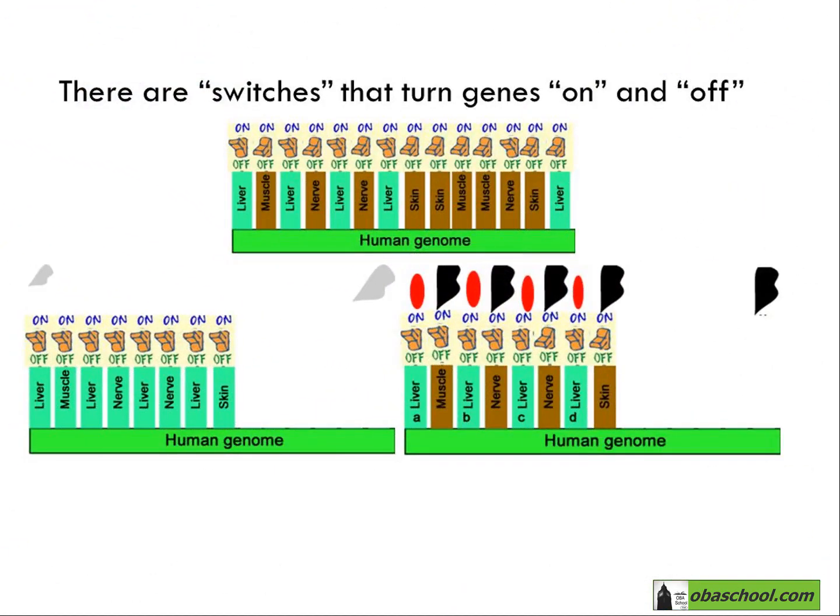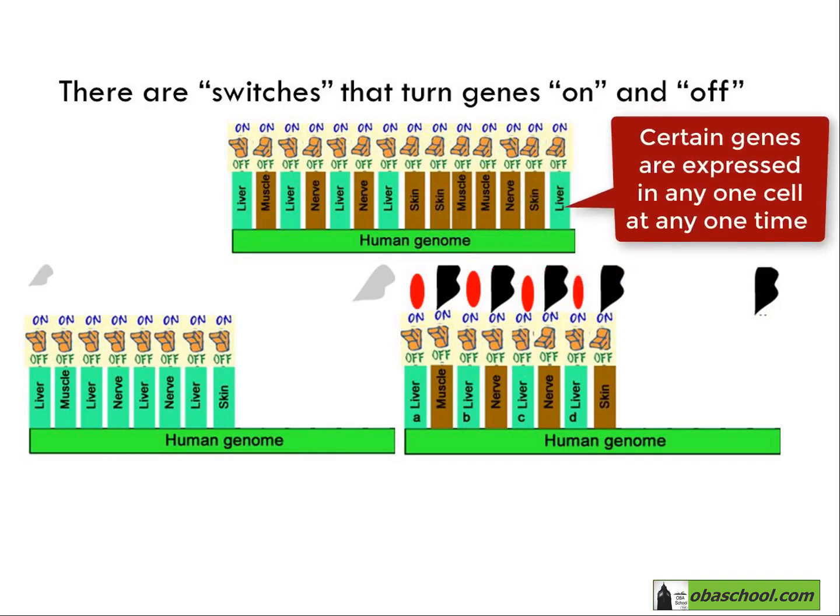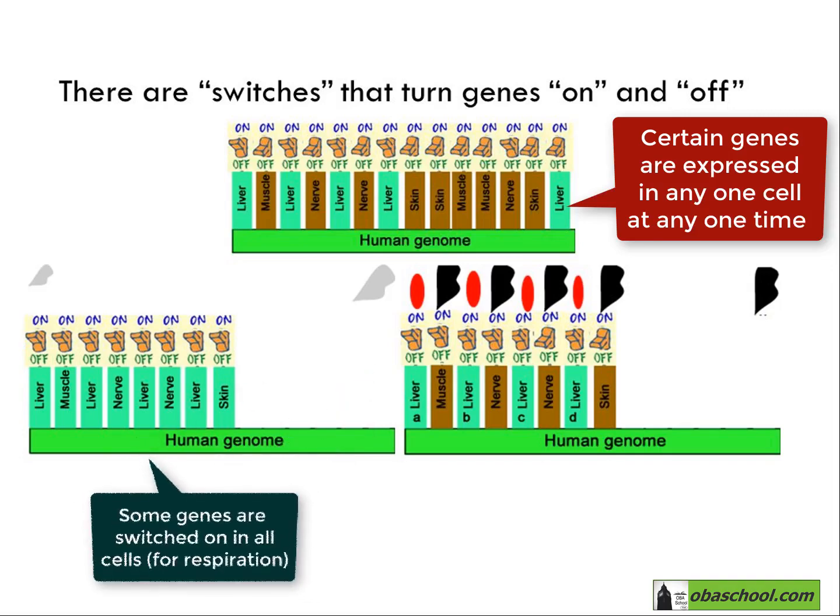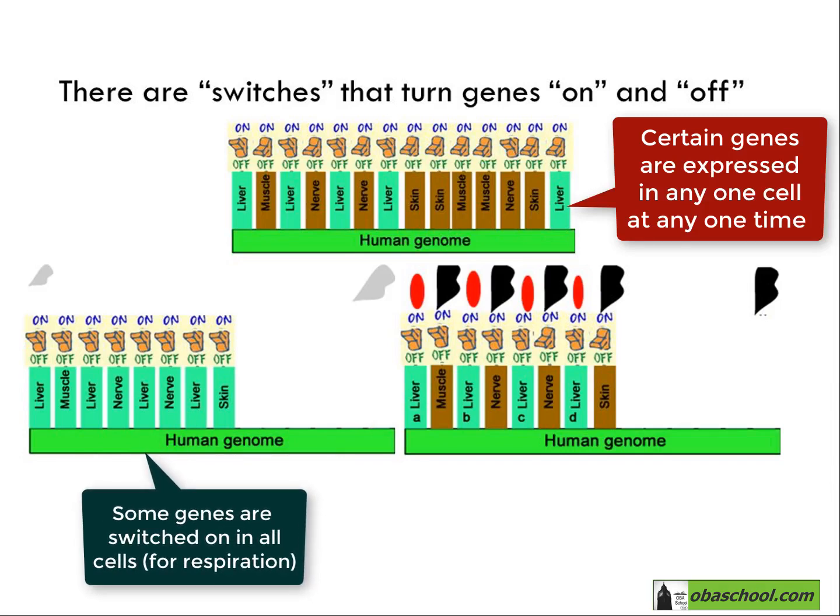Well, the answer is, although all cells contain all genes, only certain genes are expressed or switched on in any one cell at any one time. For example, the genes that code for essential chemicals, such as enzymes that are involved in respiration, are expressed in all cells.